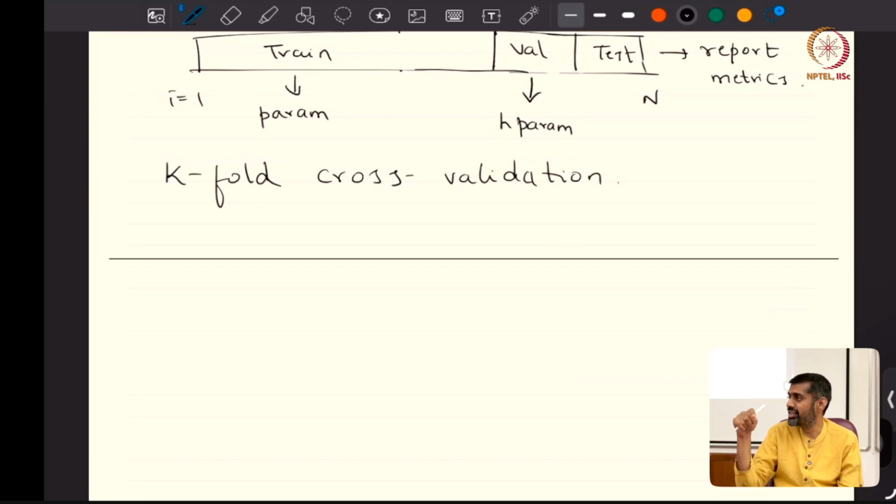The 70% that you choose and the 70% that the other person chooses are very different. If I ask you to cross validate, then I can compare the performances much better. Because no matter what split you take, if you do a 5-fold cross validation and the other person also does one, then both of you have seen all parts of data, or rather the algorithms have been evaluated on all parts of data.